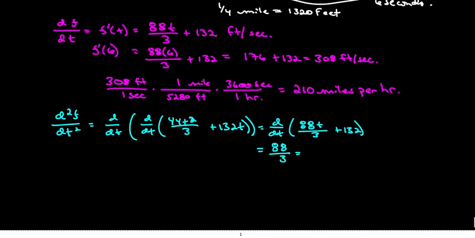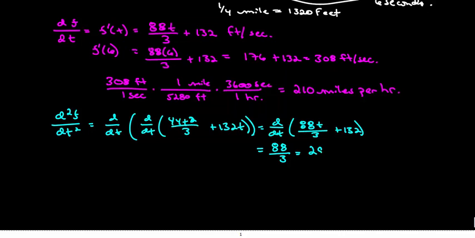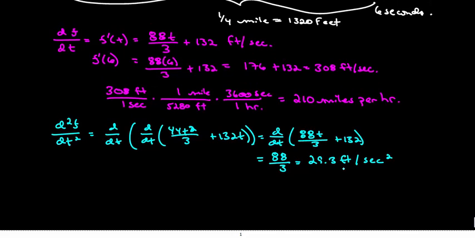And if we take 88 and divide it by 3, that gives us our acceleration, 29.3 feet per second squared. So the acceleration of the car, now I can't plug in 6 anywhere, okay? So it has a constant acceleration.